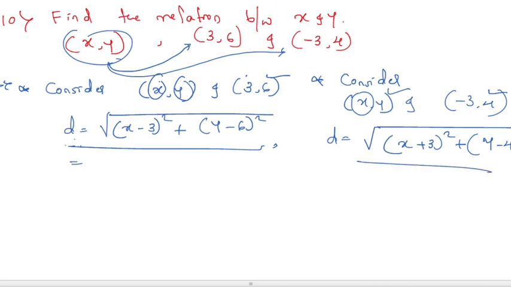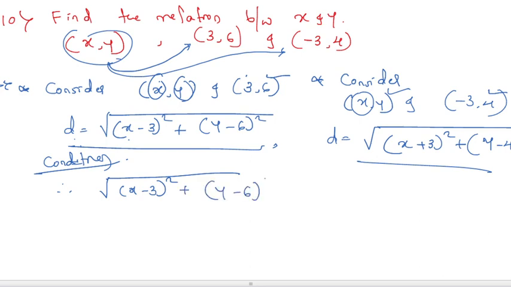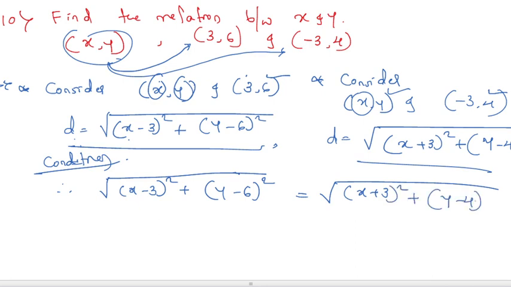By the condition, the points are equidistant, which means these two are equal. Therefore, the square root of (x minus 3) squared plus (y minus 6) squared is equal to the square root of (x plus 3) squared plus (y minus 4) squared. Here the roots get cancelled.